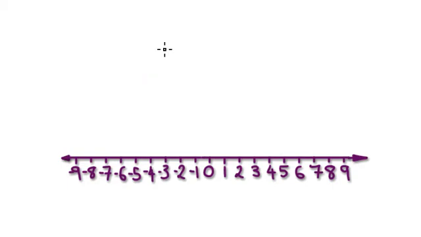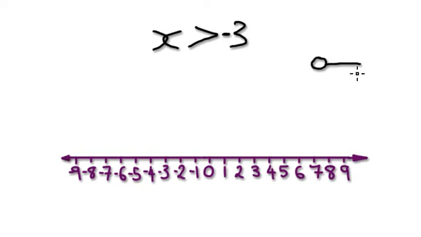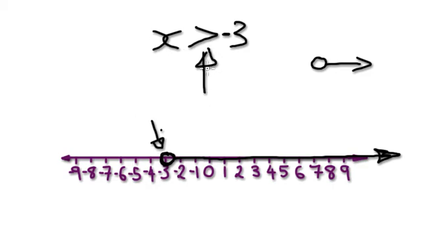So when you're given x strictly greater than -3, it would be this. Because it's strictly greater than, you've got to use a white circle, and then it's basically everything above it. This white circle here means you cannot put -3 into here because it's strictly greater than.